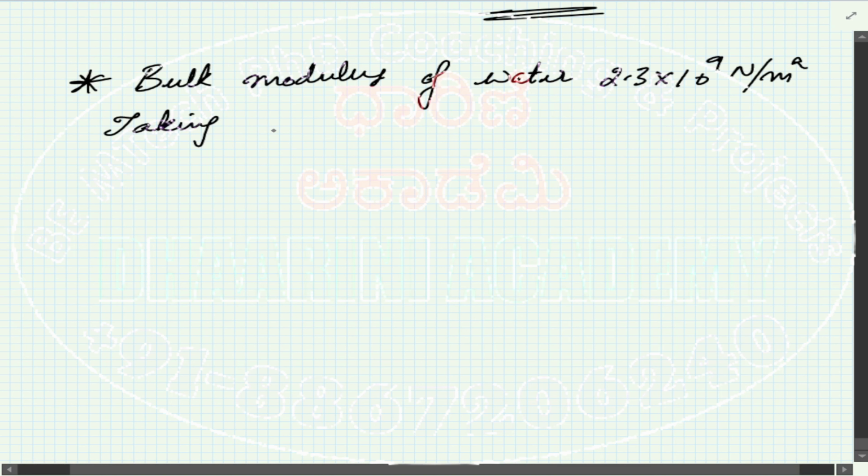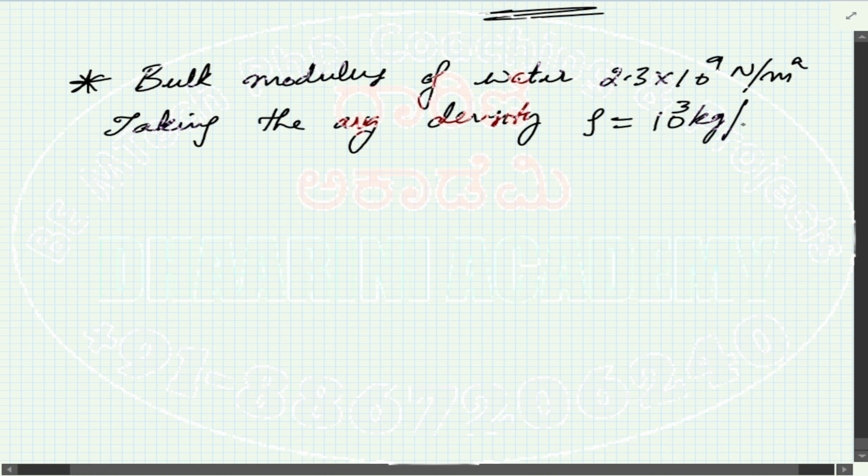Taking the average density of water as rho is equal to 10 to the 3 kilograms per meter cube.